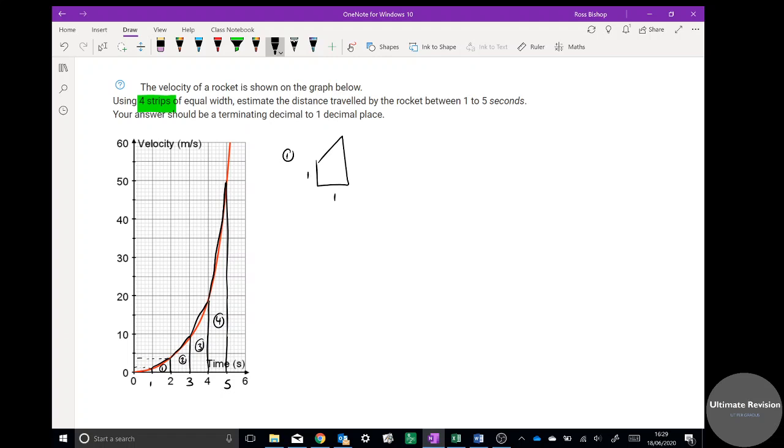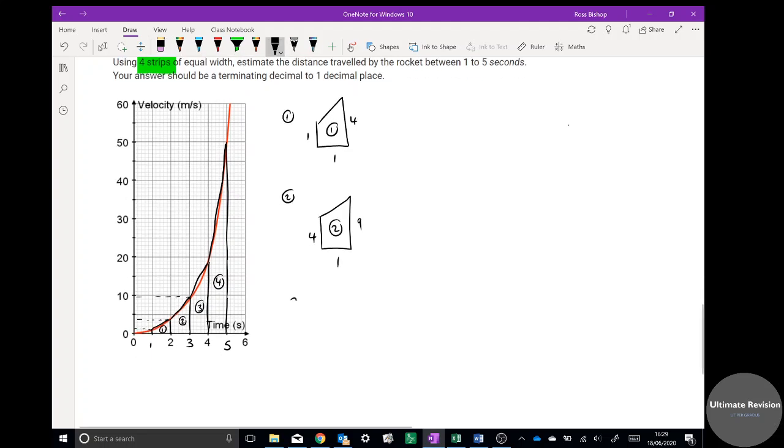So that's about 1, I reckon that's about 4 for trapezium 1, trapezium 2. And if you set it out like I've done, you're less likely to make a mistake. 9 there. Trapezium 3. And trapezium 4.